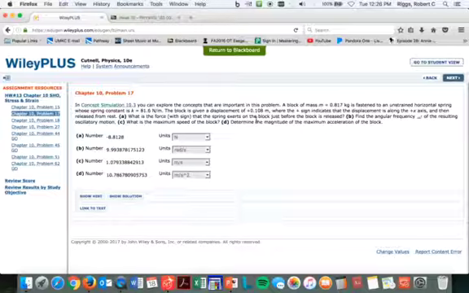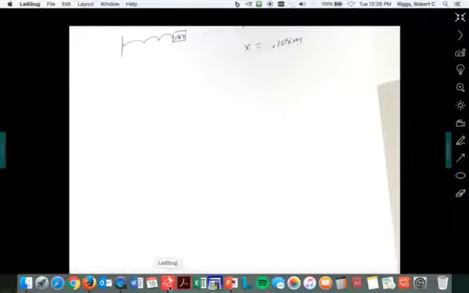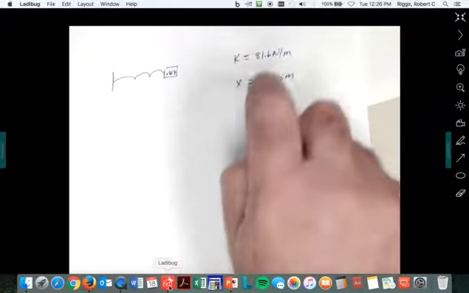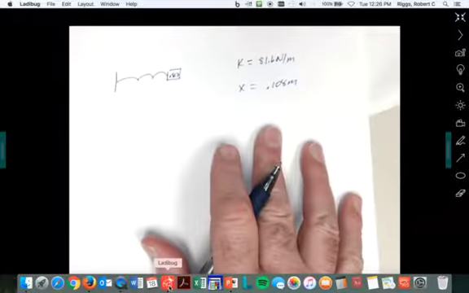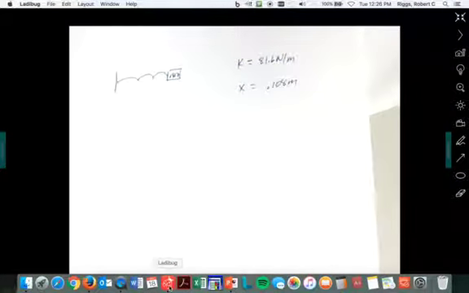Okay, so now we've got the displacement, and then it's released from rest. Boing. That's where it's going to have its max acceleration and all of that. So I know that x is equal to 0.018. Let's show some of the things we already know. I know that this is the spring constant.